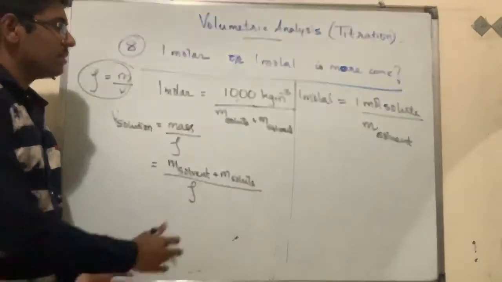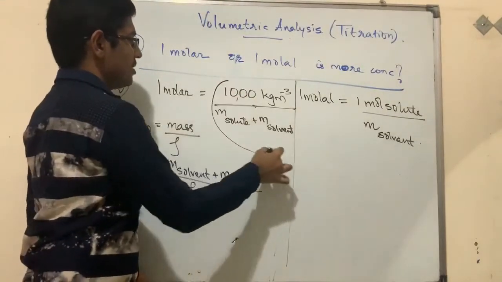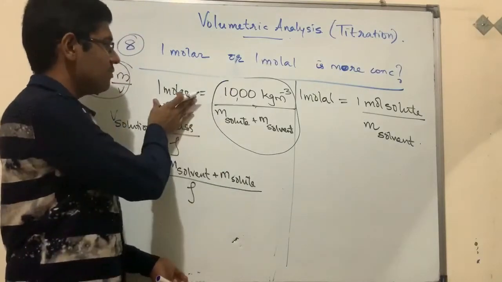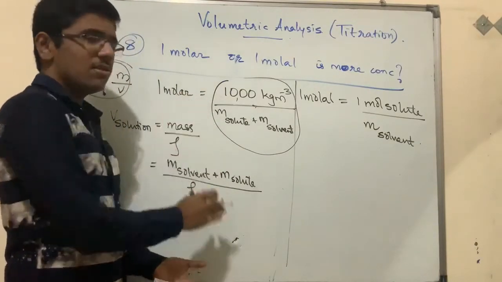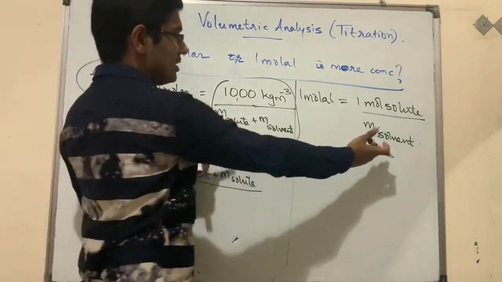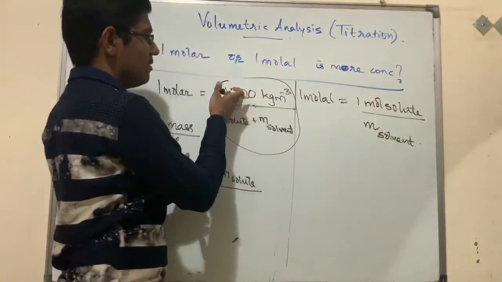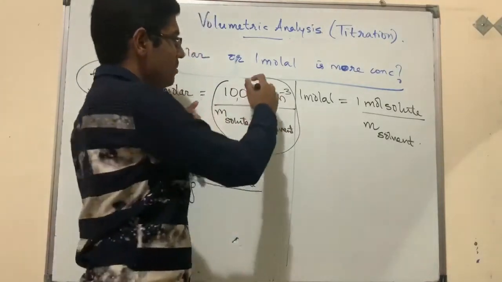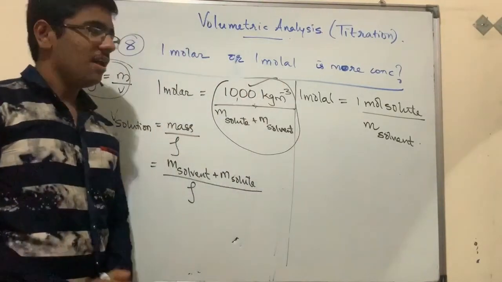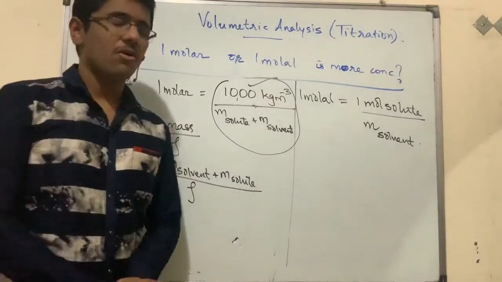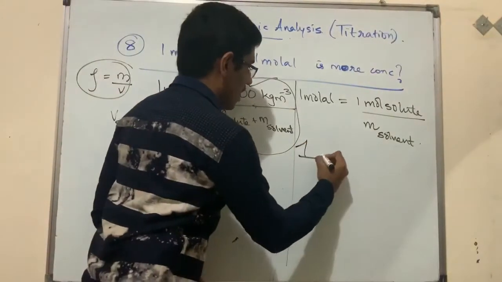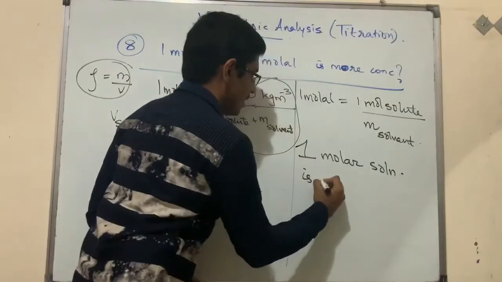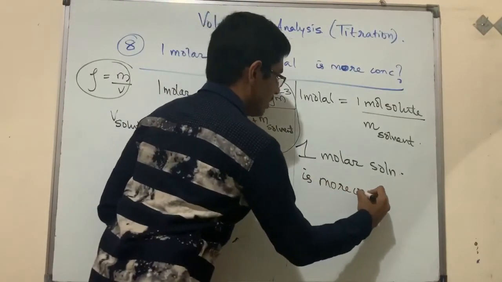Because of such a big fraction, we can say that the concentration value for the molar solution is more. Here you can see the fraction has 1, here you can see 1000. Even though the denominator is different, it will not make much difference. The numerator is so large here. That's the reason why the 1 molar solution is more concentrated.